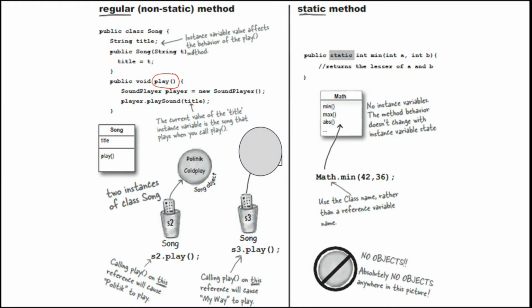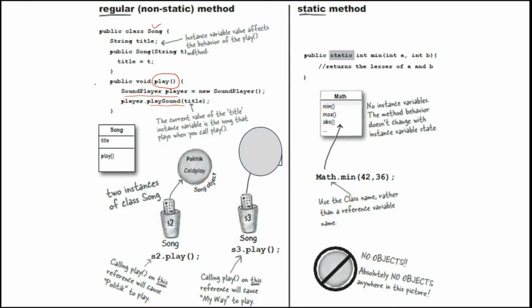Carefully see, this is a bookish example that we have taken. There is a class Song, and this is a different example, by the way. Here the play function creates a sound player object and calls the play sound function with the title, right, students?